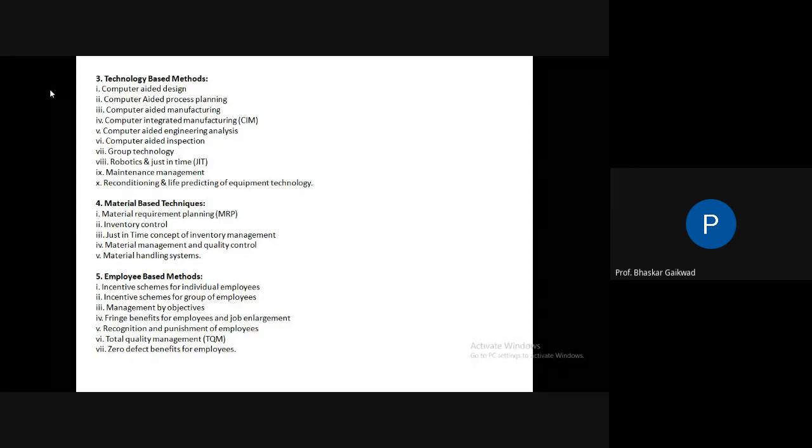Material based techniques include MRP and inventory control, once again just in time, quality control, and material management and material handling systems. Employee based: if every employee remains happy, then he will get good satisfaction in the organization, and the efficiency of the work will increase.